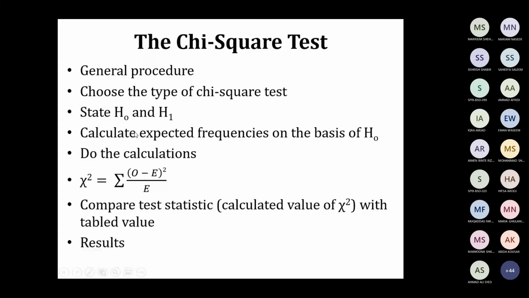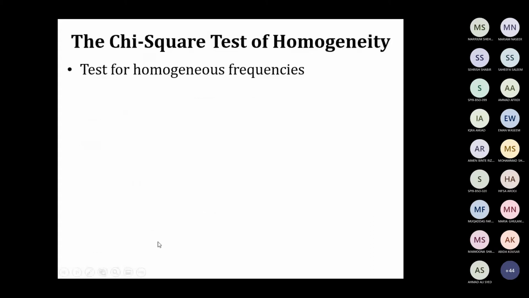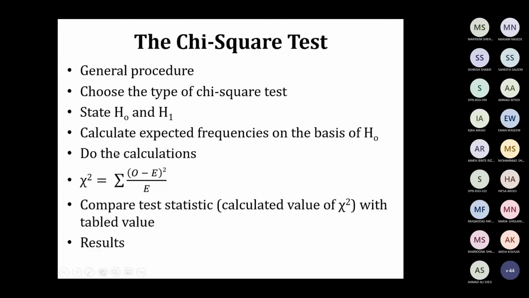So the general procedure, right? We choose the type of the chi-square test, state our hypothesis, calculate the expected frequencies, and then do the calculation. When we get the calculated value, we compare it with the table value, and then we state the results.